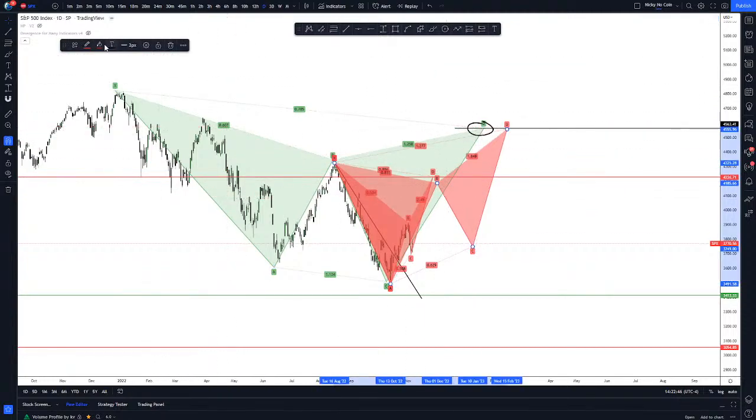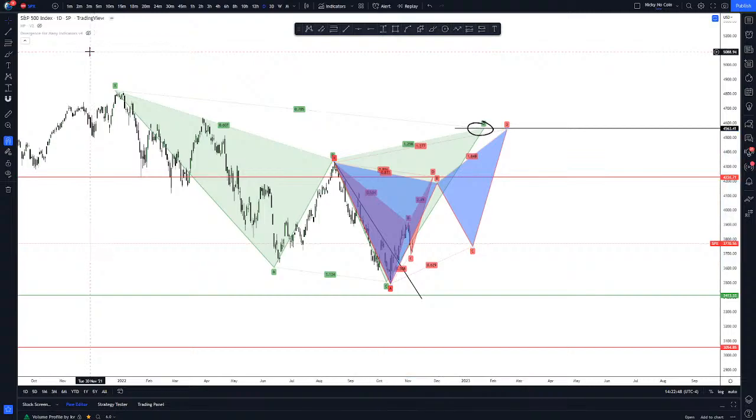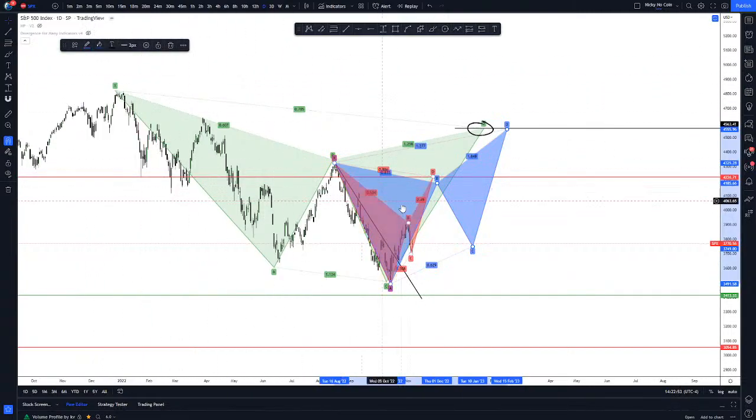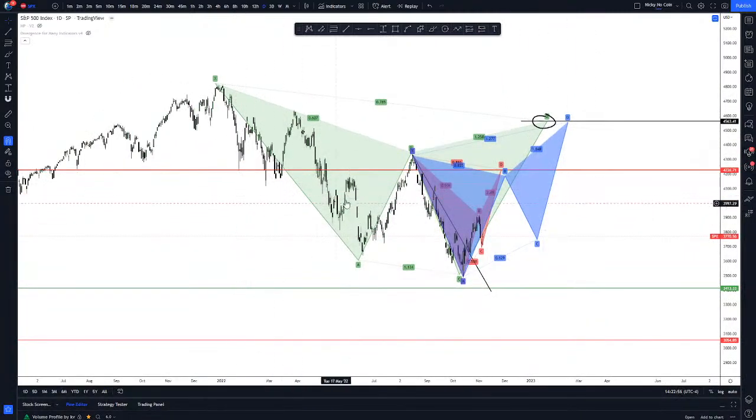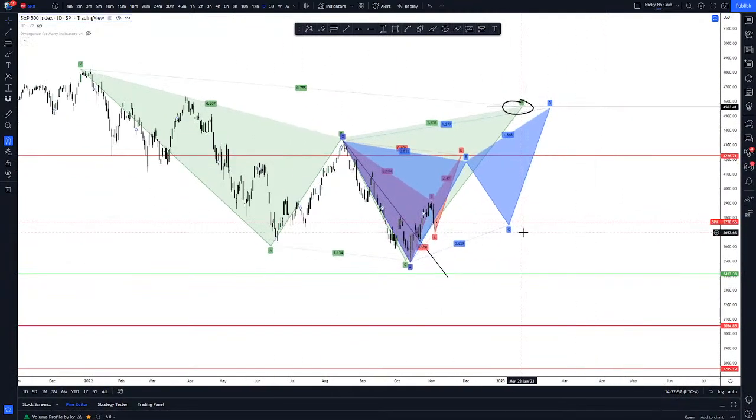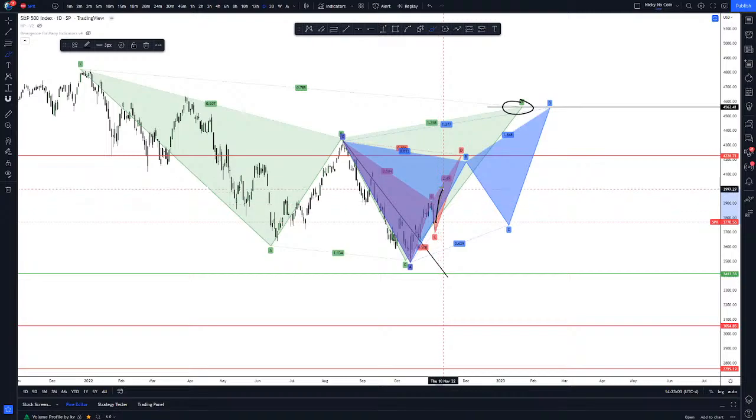Let me change the color of this. This is just me predicting how price moves sometimes based on support and resistance. Before I learned harmonics, I did regular support and resistance and price action to see how price would move. So say this pattern plays out, right? Say this does pump up to here, you get rejected, and you come back down.